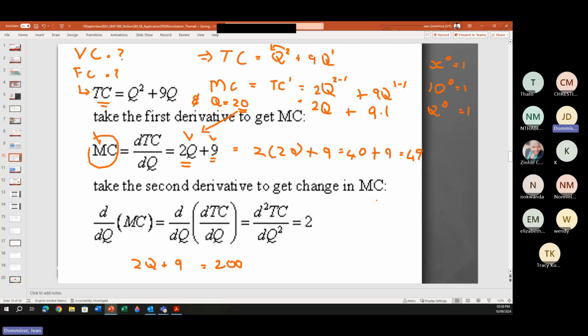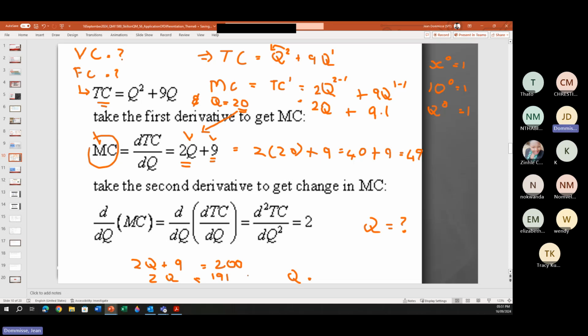And what is your Q? Then it would have been slightly different: 2Q is equal to 200 minus 9, which is 191. And then Q would have been equal to 191 divided by 2.